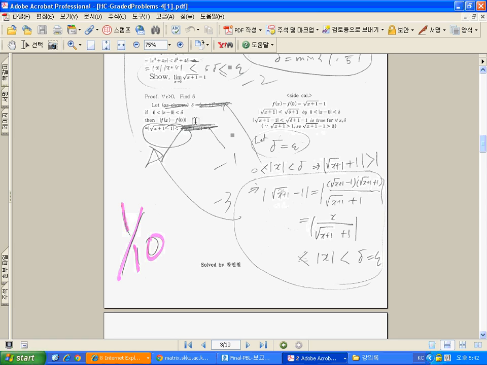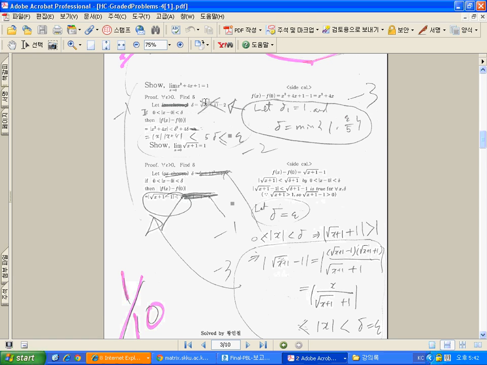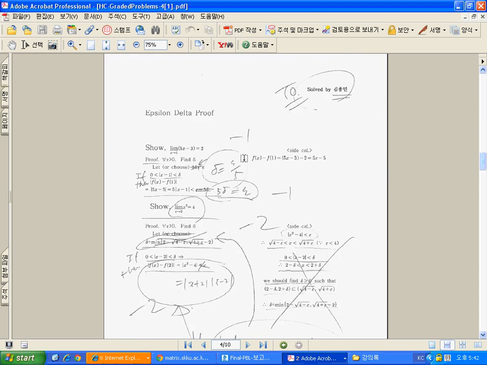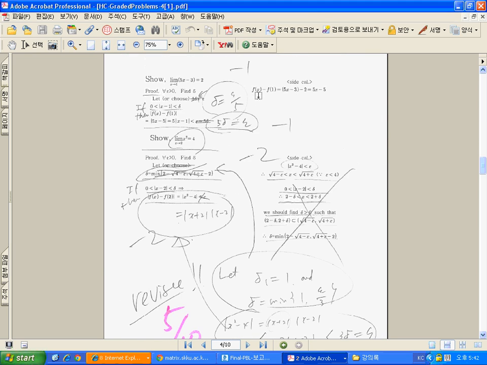So when you have a square root, you may need rationalization. If you have a quadratic form, you may start with 1 and choose the delta depending on epsilon in this way to simplify the given equations. That's the technique. And here the same thing.